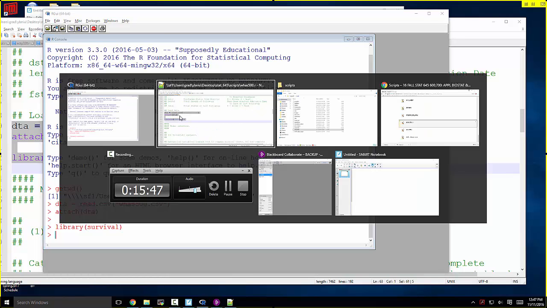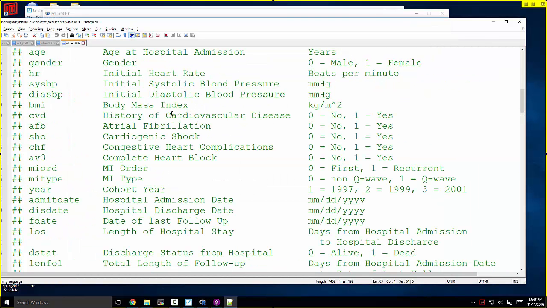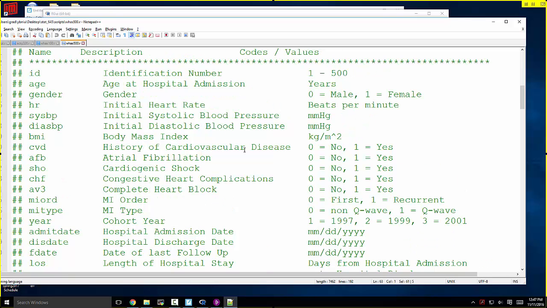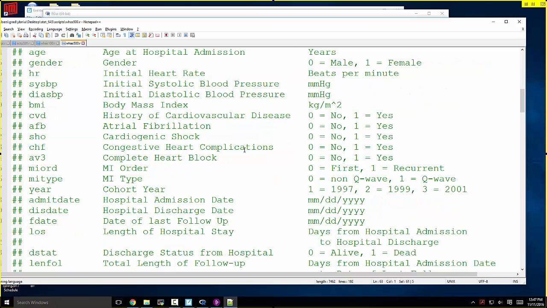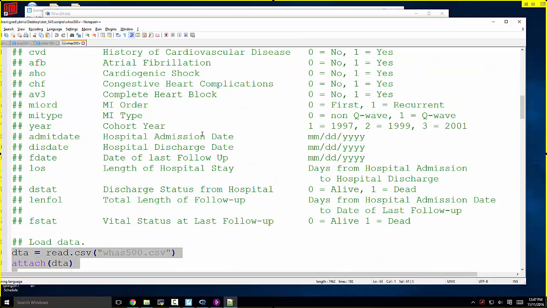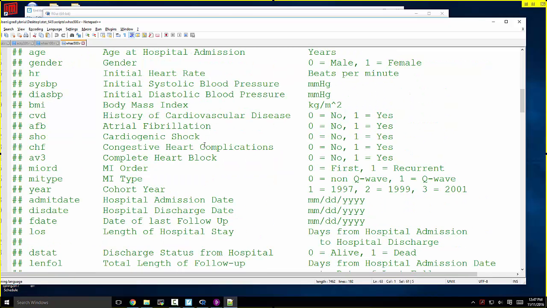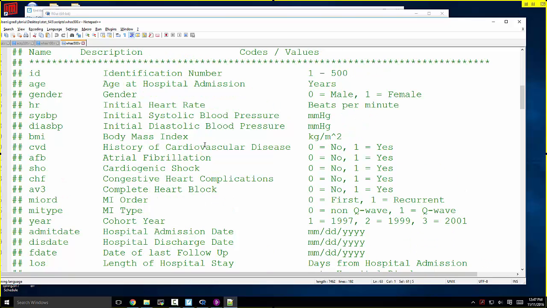Somebody thought that these covariates were important enough to collect them, so maybe we should go ahead and just include them all in the model. If you include all the covariates in the model, you also need to consider, well, do we need interactions between any of these variables? And if so, which ones do we need interactions for? Do I need two-way interactions or three-way interactions or even more?